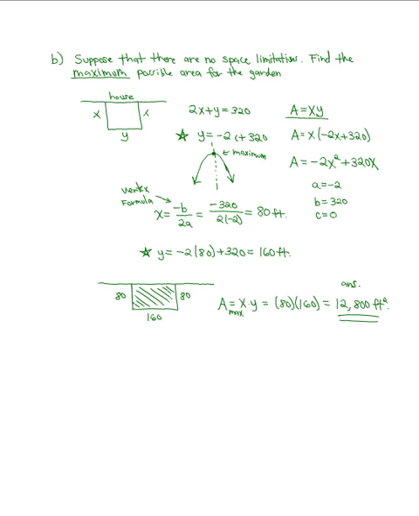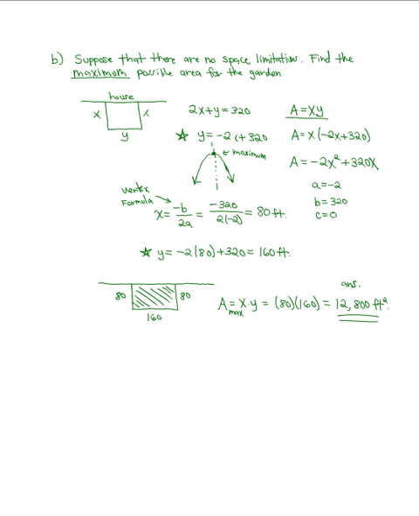So notice that in part A, we were able to find the dimensions of the garden that gave us 12,000 square feet, and there were two such configurations. But it turned out that if we were a little bit more careful with the way we used our fencing, we could have squeezed out 800 square feet more space in which to work.